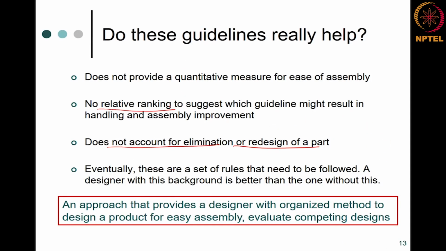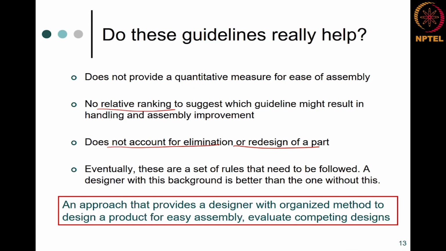So, what are the factors that go into quantifying the fitness of an assembly is something that we are looking at. These are just a set of rules or guidelines that need to be followed. A designer with this information is any day better than a designer without this information. But how can you generalize this understanding, how can you formalize this learning is what a DFMA tool is all about.